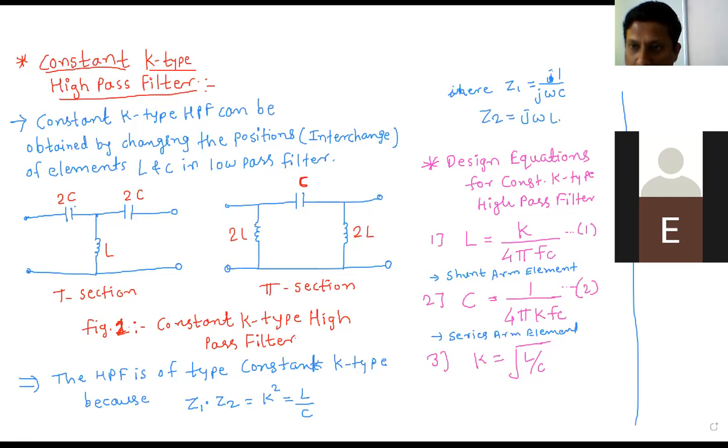L is equal to K upon pi F C, and C is equal to, just take K in the denominator, 1 upon K pi F C. So I want to check the relationship between this L value for high pass filter and this L value for low pass filter. What is the difference here only? Reply fast. What is the difference?